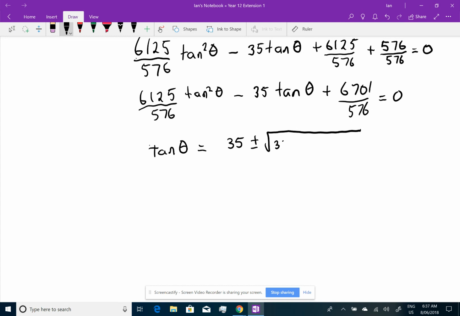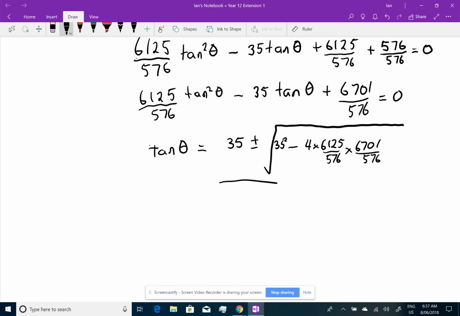So 35 squared minus 4 times 6125 over 576 times 6701 over 576. Let's just make that square root sign a bit bigger. All over 2a, 2 times 6125 over 576. Now that is just calculator work.